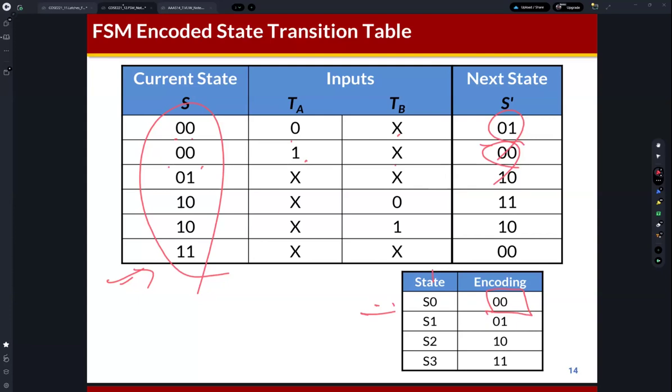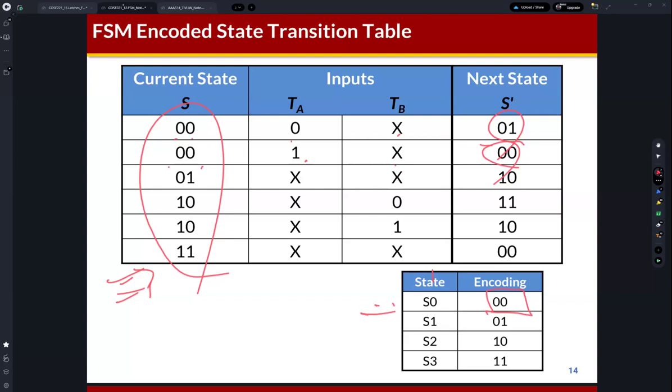It is similar to a truth table. If we define a truth table of a certain logic, then we can build combinational logic, right? That's what we learned in this course. The truth table is defined, then we can make a Boolean equation, and then we can make combinational logic.